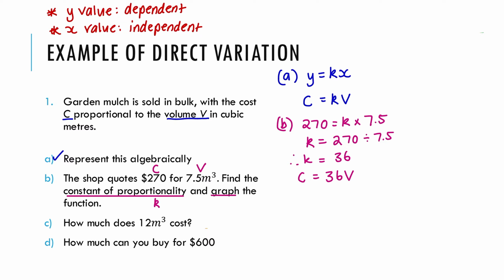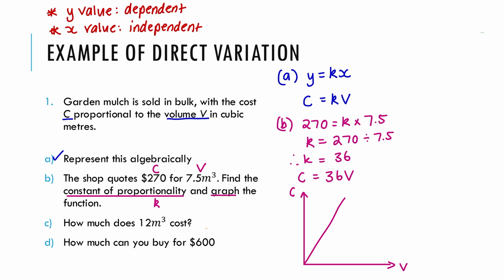Our next part is we're going to graph. Recall in the previous slide that it's a linear equation, and notice it's only in the positive quadrant. So that's why I've only drawn this one here. Now, instead of writing y, my dependent variable, I'm going to write C, and instead of writing x, my independent variable, I'm going to write V. Now, this here is a linear line, and I start from the origin.